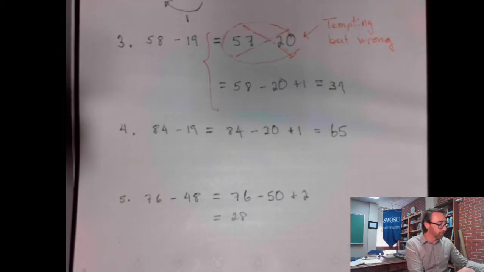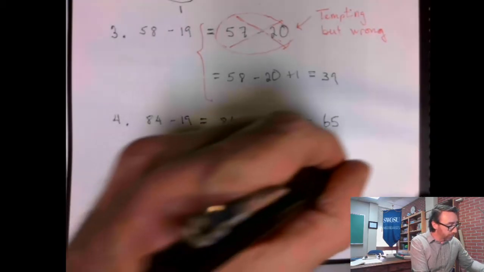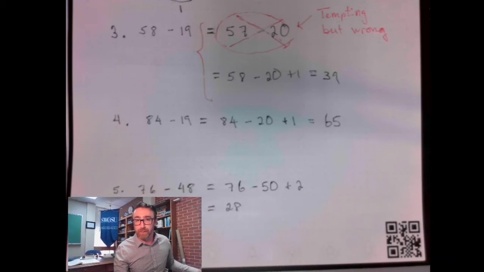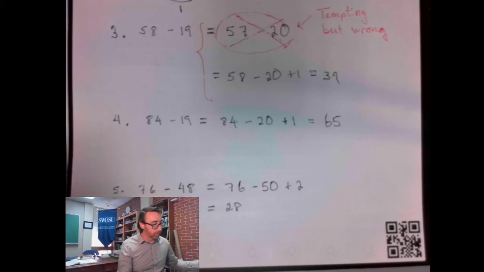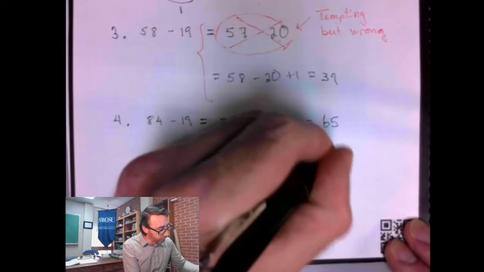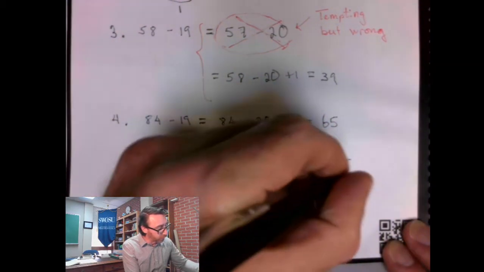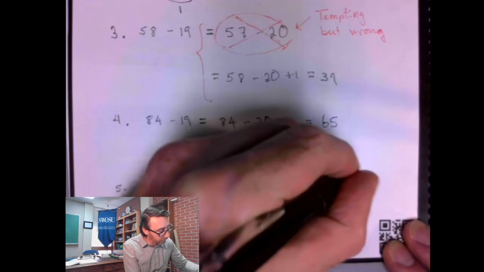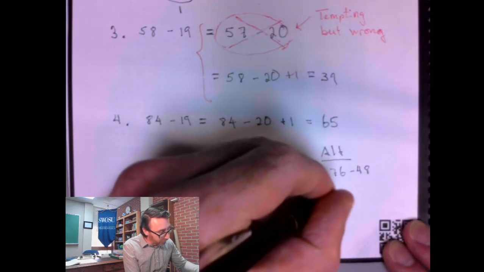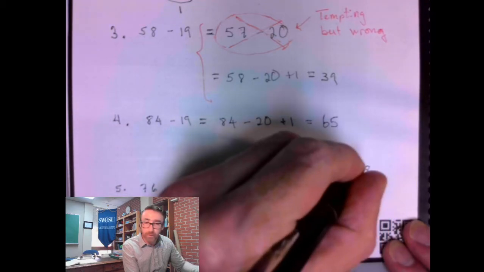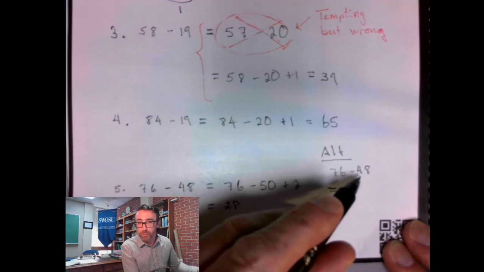An alternative to this, let's say on this last one, we're dealing with 76 minus 48, is to slide everything up by 2. You want to make that a multiple of 10, so you go to 50.